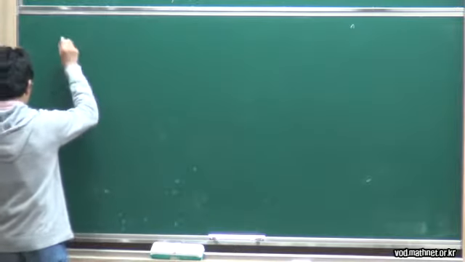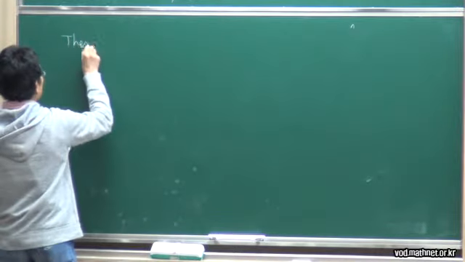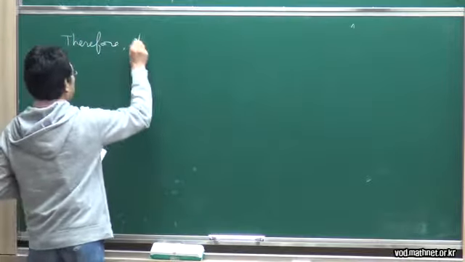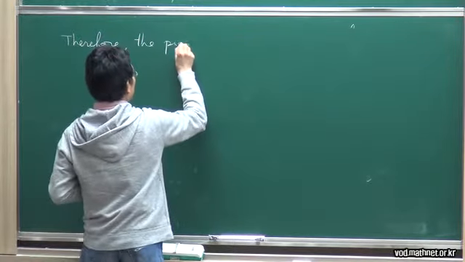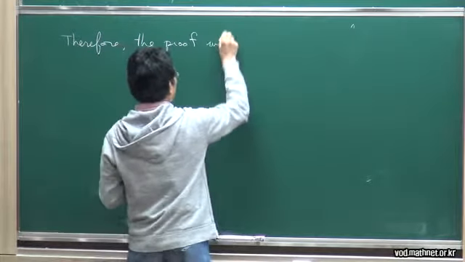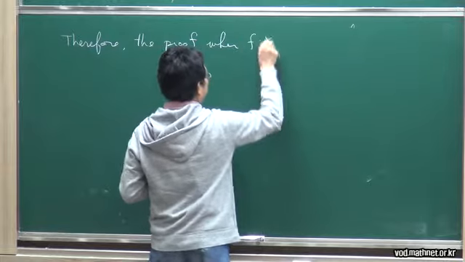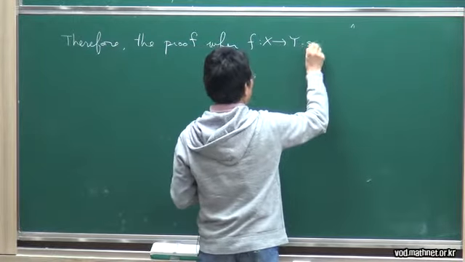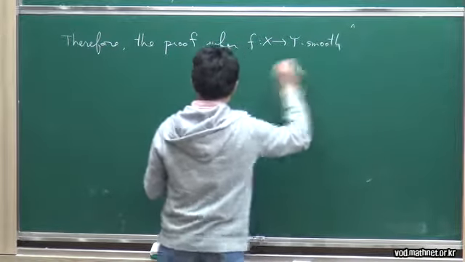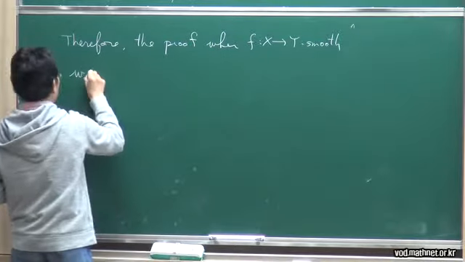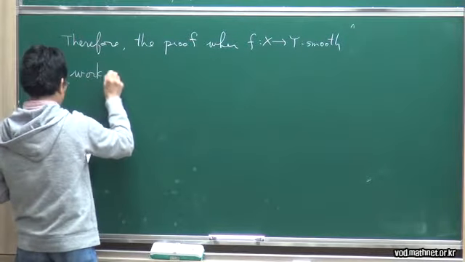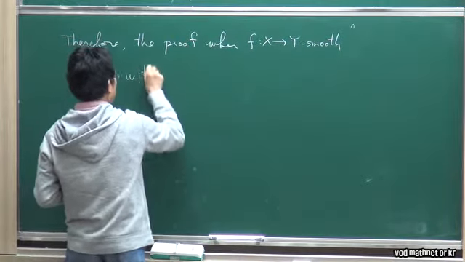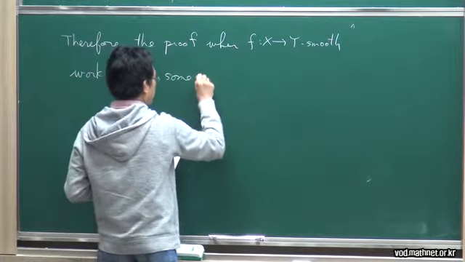So therefore, the proof when f: X to Y is smooth works with some minor modifications.